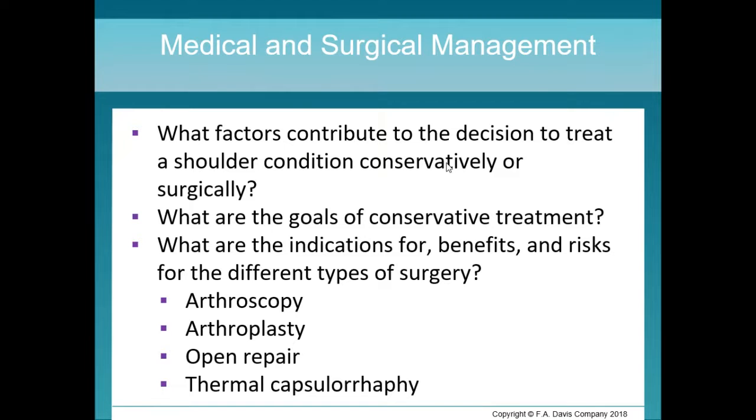Also, if you've got a swollen glenohumeral capsule, or one where the head of your humerus has come out of your glenohumeral fossa, they will do a thermal procedure that will shrink that glenohumeral capsule.